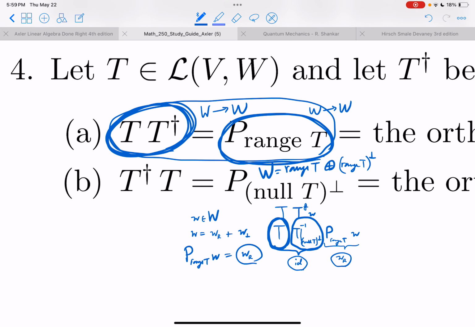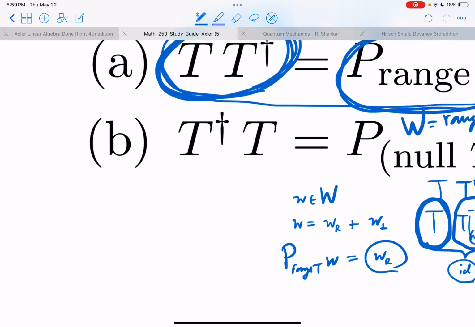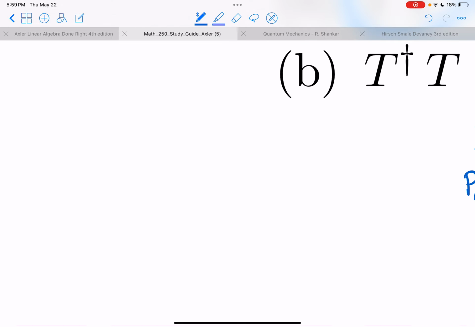Okay, let's look at the other way. What's the next thing we have to do? We have to show that t dagger t is equal to the projection onto, I believe, the null of t perp. So remember the definition of t dagger.